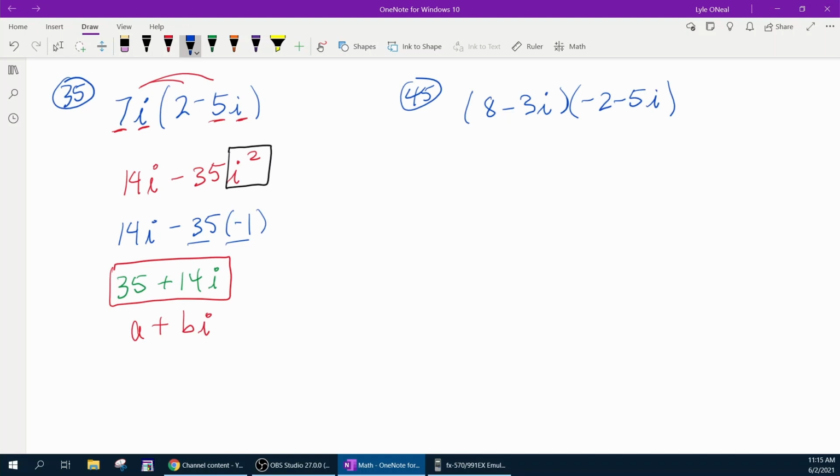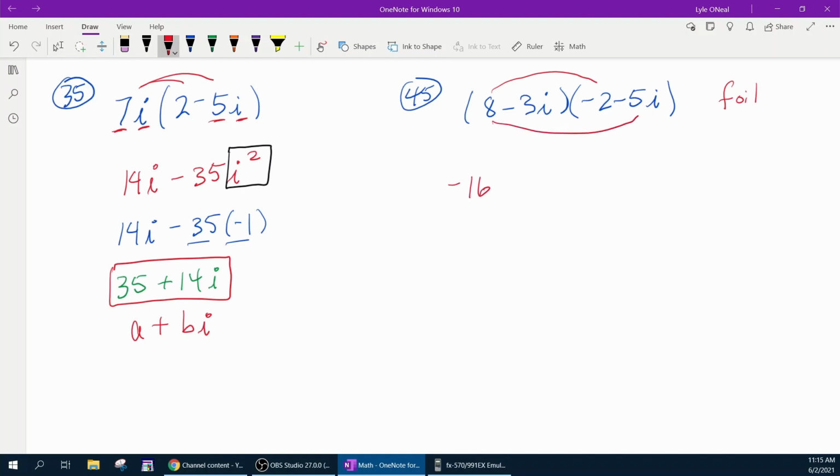Next example, number 45. Here we have two complex numbers being multiplied. They both have an a and a bi. So since this is a binomial times a binomial, we're going to get to F it up. That's right, we're going to get to FOIL it. Here we go. First, 8 times negative 2 gives me negative 16.